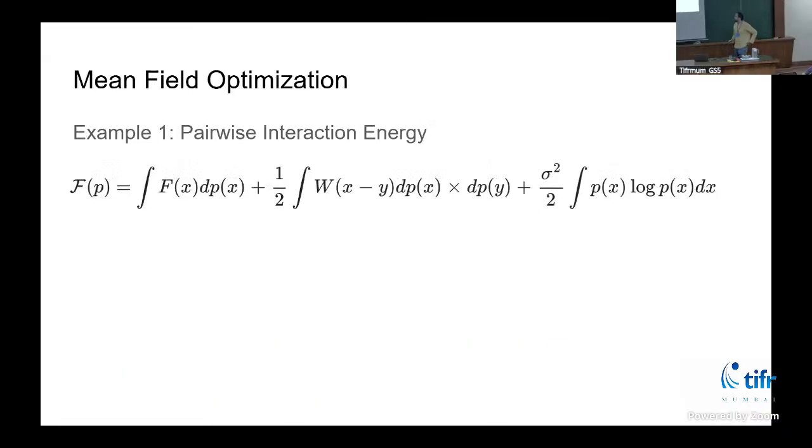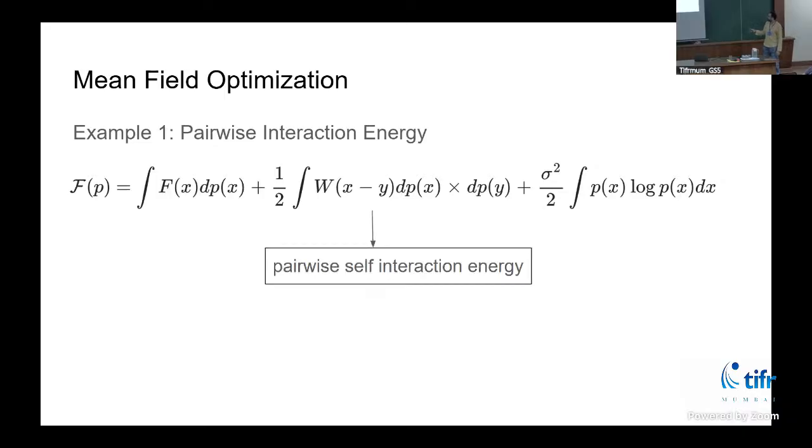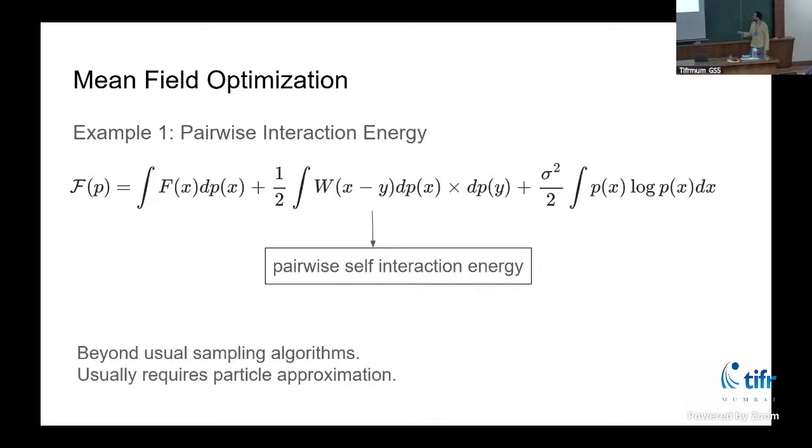So let's go to the next non-trivial matter, that is pairwise interaction energy. Here is where things start getting more interesting and harder. I showed you how I wrote it as energy plus negentropy before. Now I'll show it as energy plus pairwise self interaction energy plus negative entropy.